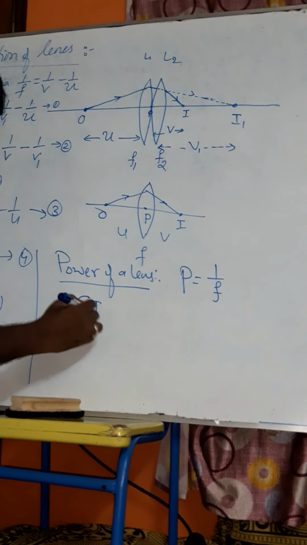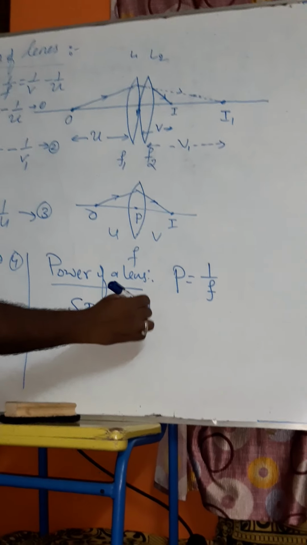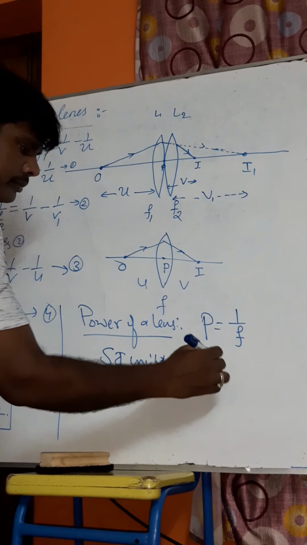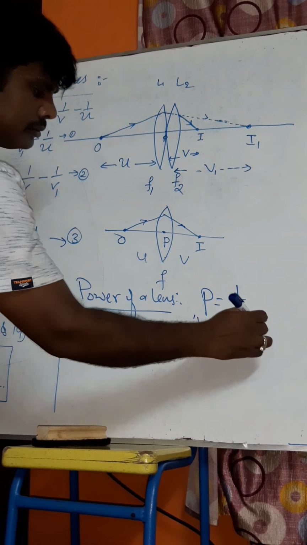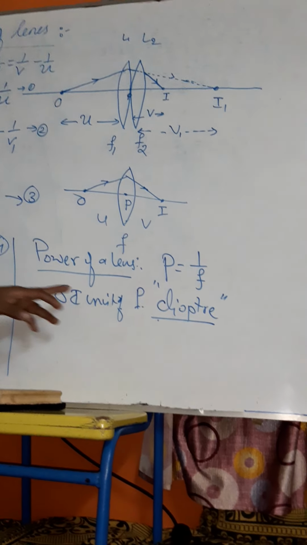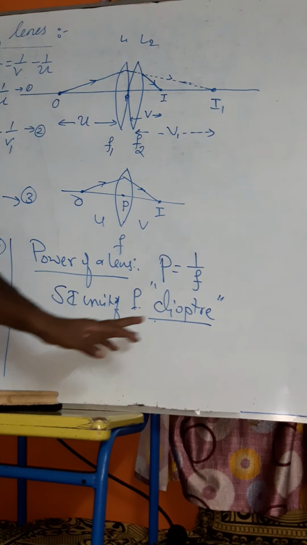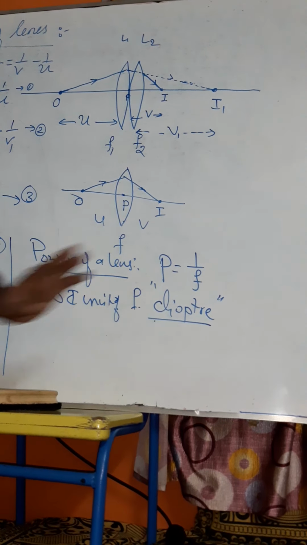The SI unit of power of a lens is diopter. So this is very important for the examination. This is a commonly asked question: write the SI unit of power of a lens. It is the diopter.